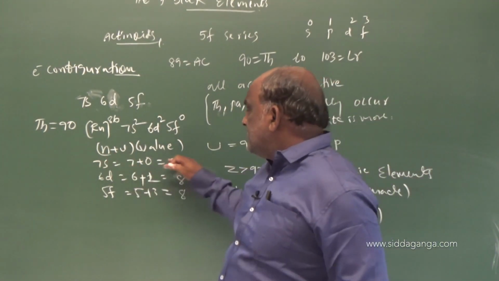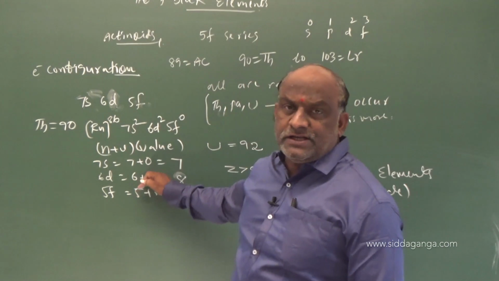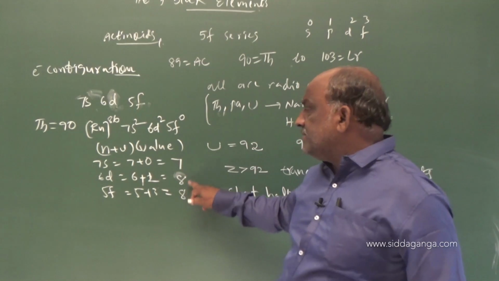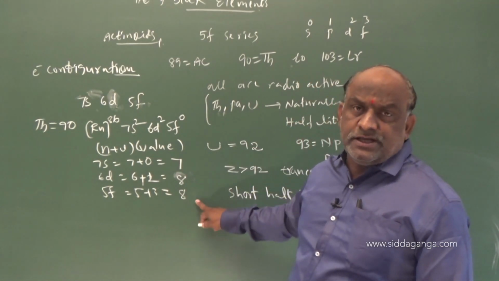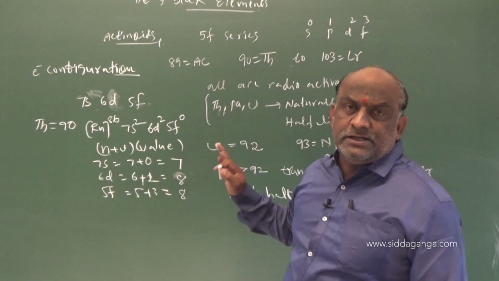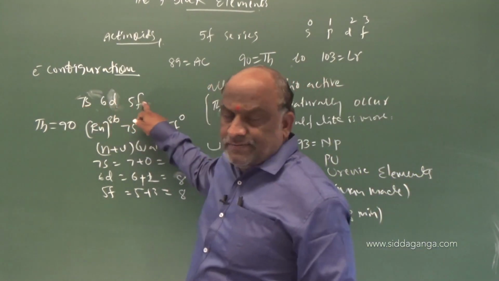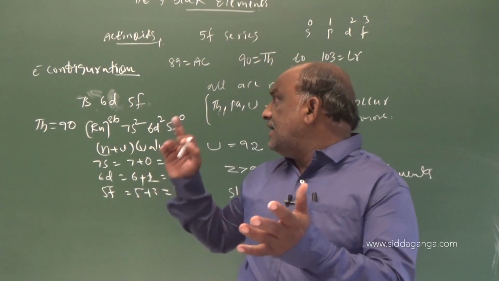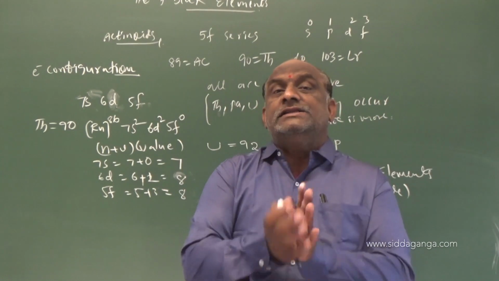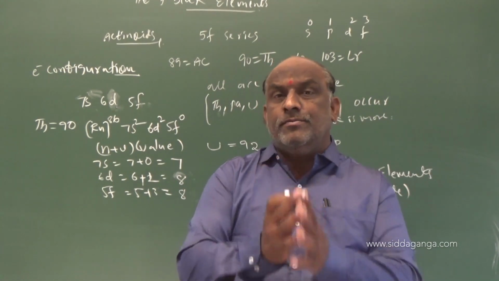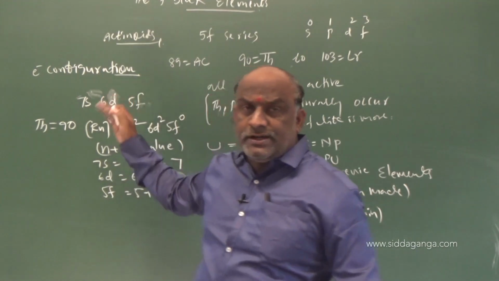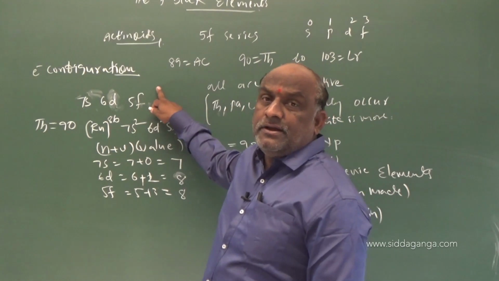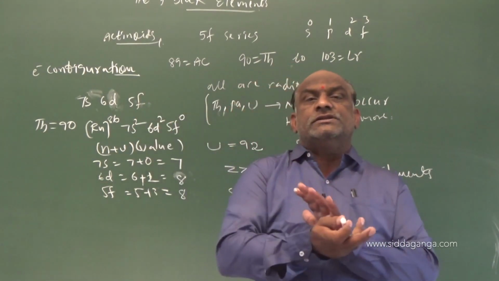So once you observe the 7s, 6d, 5f configuration, the n plus l values are approximately the same. This is the reason: the energy difference between 7s, 6d and 5f is not considerable, it is minimum. Due to that, excitation and de-excitation take place, and these elements exist in a greater number of oxidation states.